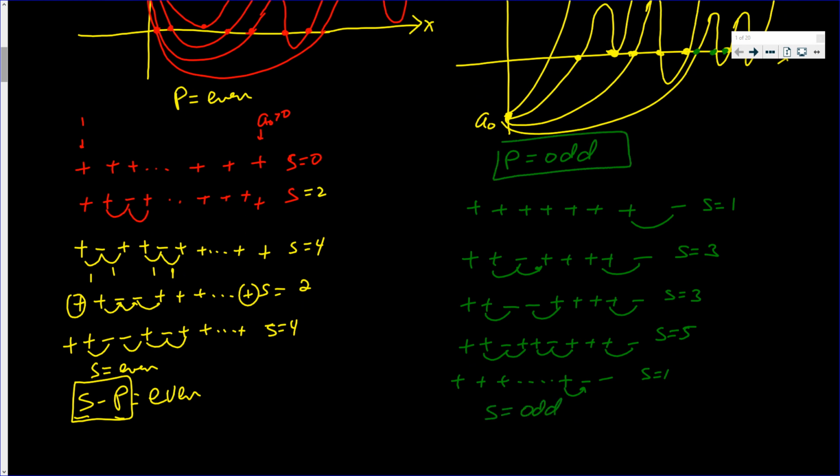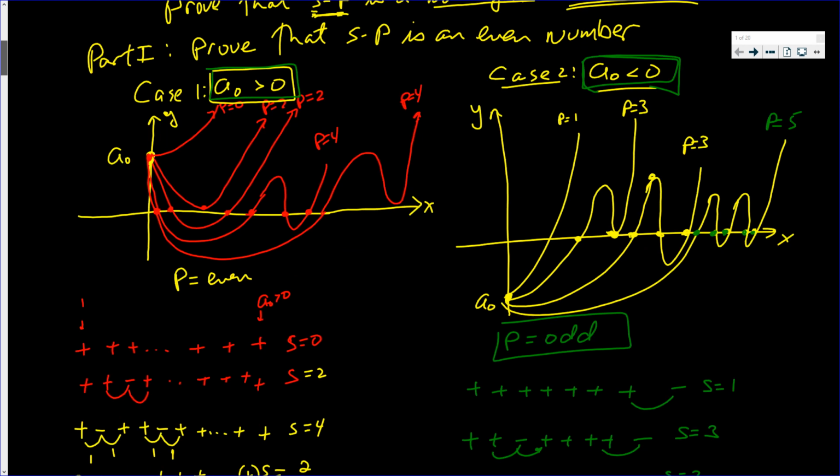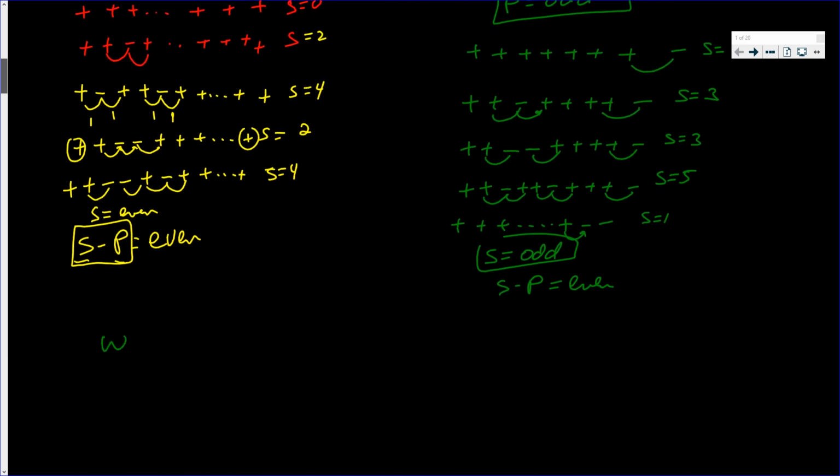Well, if P is odd and S is odd, you subtract 2 odd numbers, you get even. So, whether a sub 0 is positive or a sub 0 is negative, we can conclude that S minus P is even.